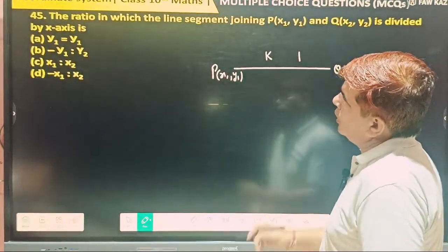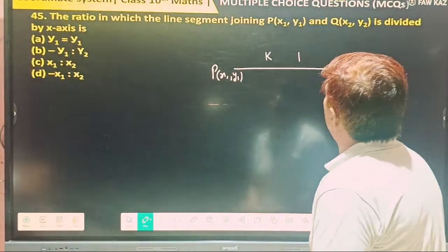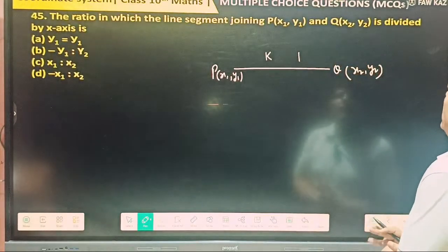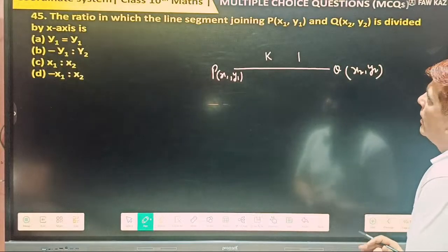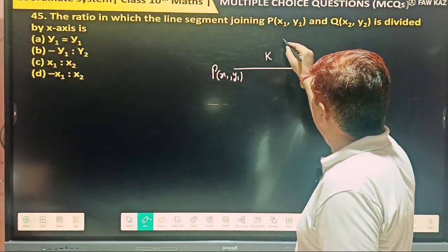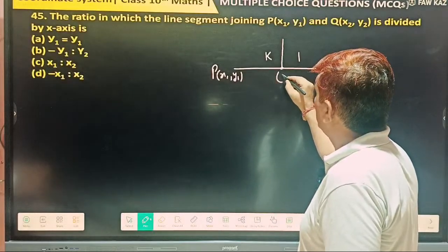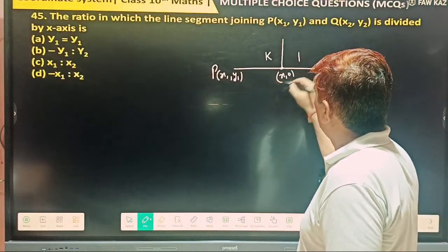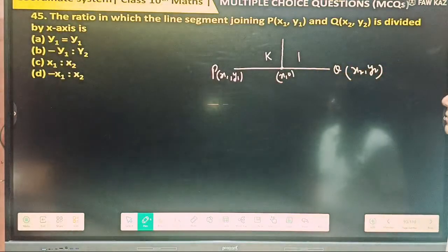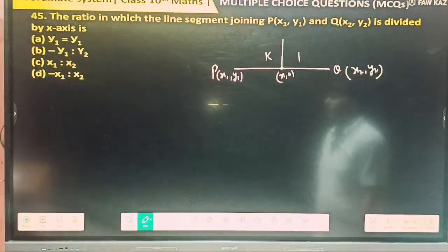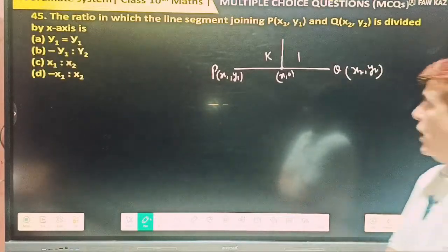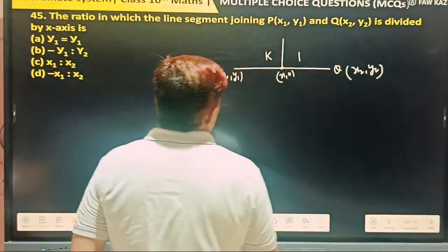The ratio in which the line segment joining x1, y1 and x2, y2 is divided by the x-axis. The x-axis is dividing this. So what is the coordinate of the x-axis? This is 0. So what can we say?